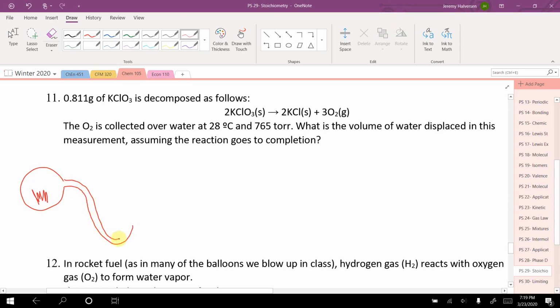And the bubbles bubble up. I'll make the water blue. And so up here is my O2 gas coming out of my reaction.